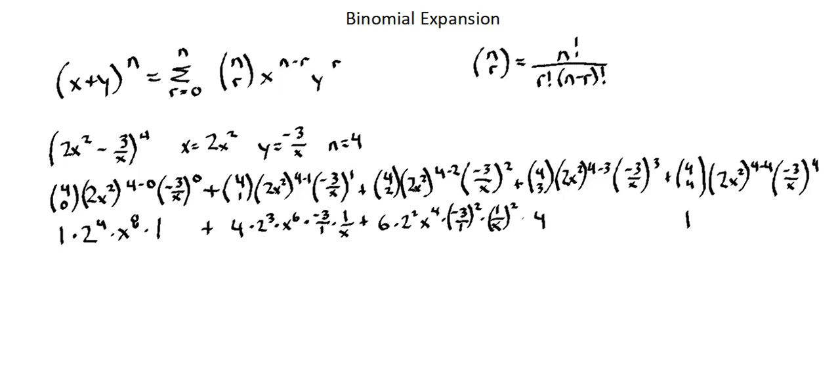Now moving on to the fourth term, plus 4, which is the result of the binomial coefficient, times 2x squared to the power of 4 minus 3 is 1. So that's simply 2 to the power of 1 times x squared to the power of 1, which is x squared.